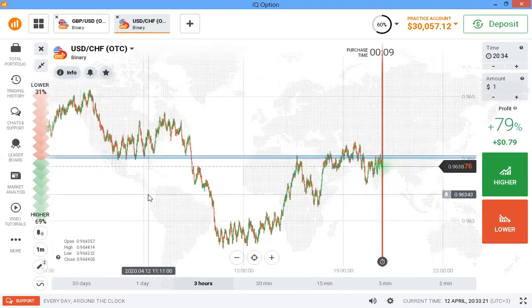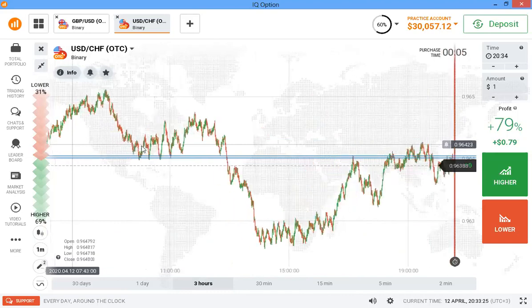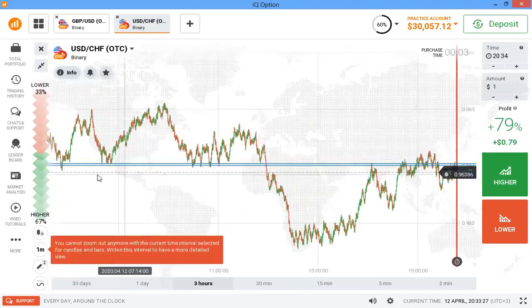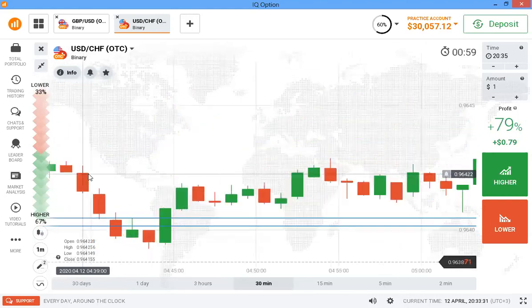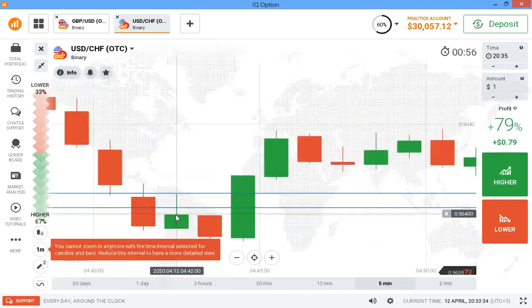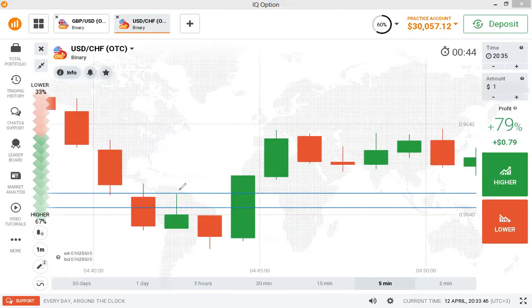Now, let me tell you the psychology behind this SNR strategy. Here we can see that buyers reach this point, sellers reject the market. Buyers reach this point again, sellers reject the market, again sellers enter.